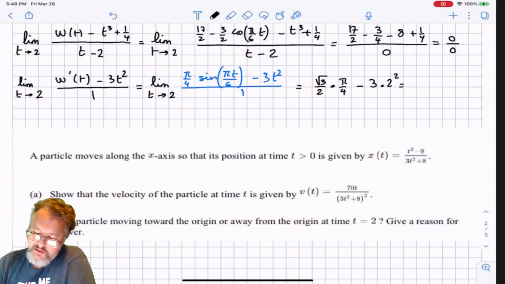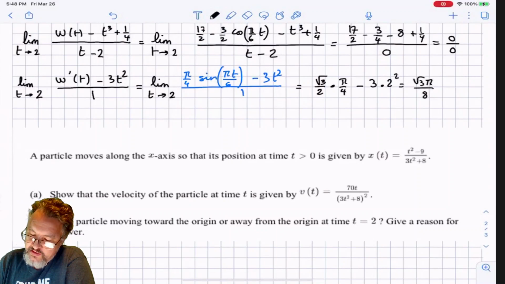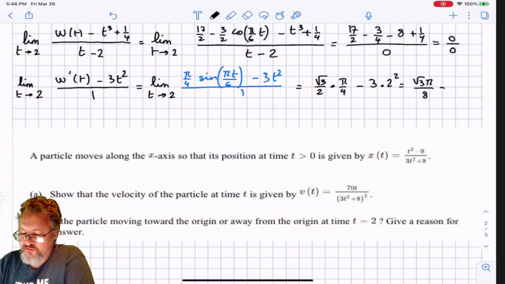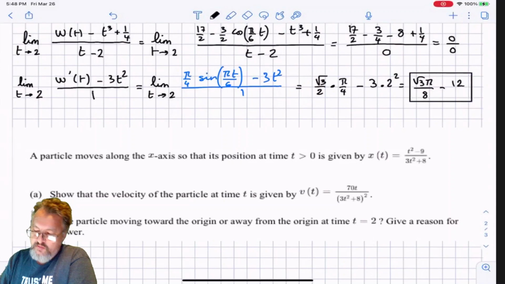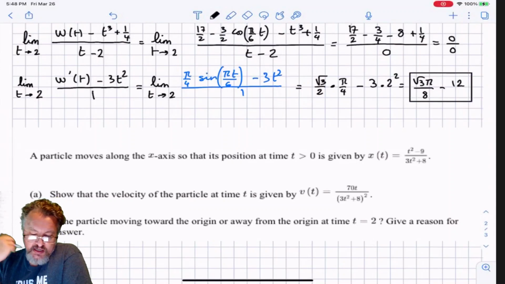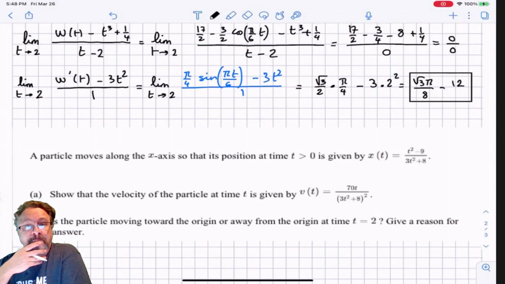Then it's going to be root 3 pi over 8 minus 2 times 2, 4 times 3, 12. That's, in my opinion, a very weird looking result, but I do not think that I made any mistake, so we're just going to give it a thumbs up and move on.